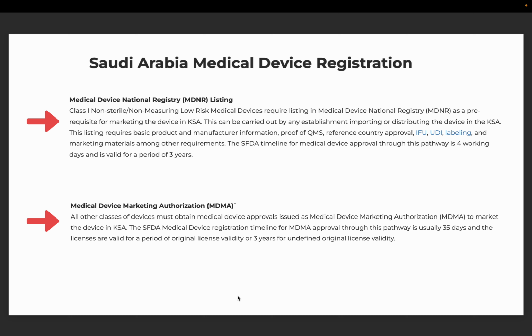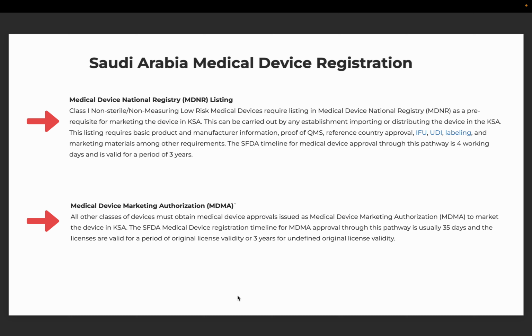So all the devices which fall under class 1, either in the form of non-sterile, non-measuring, low-risk medical devices, are required to list themselves in the medical device national registry as a prerequisite for marketing their device in the Kingdom of Saudi Arabia, right?